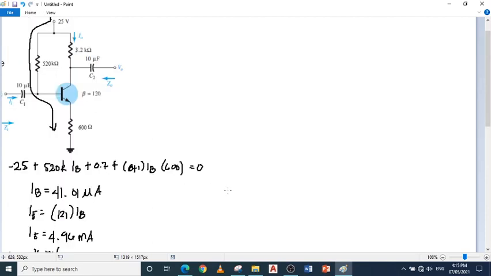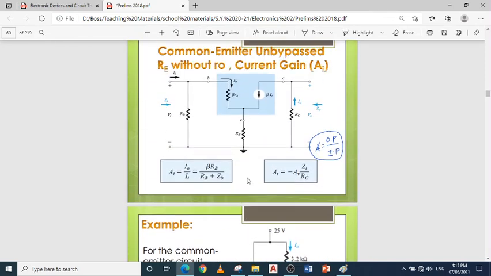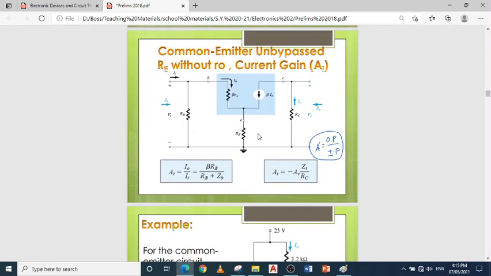Now, the AC equivalent of this one, okay? So, it's parang ganito lang din.